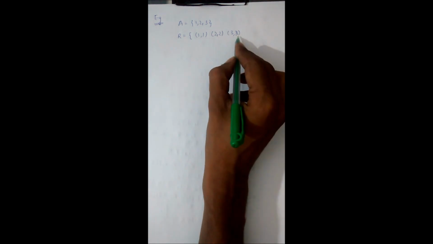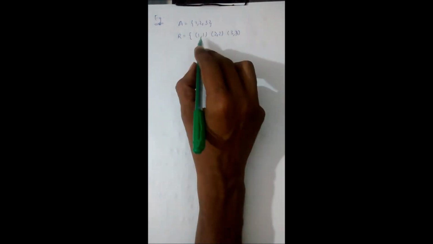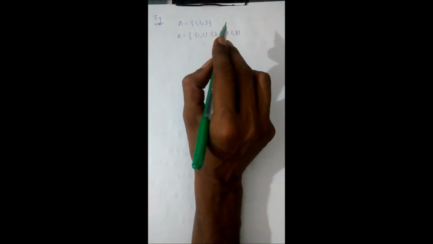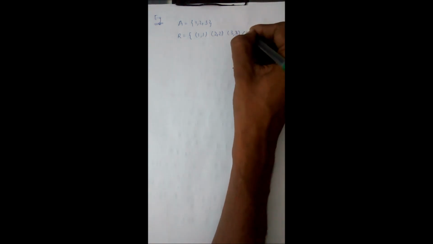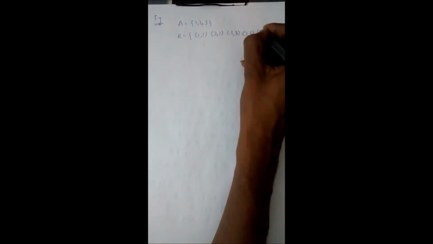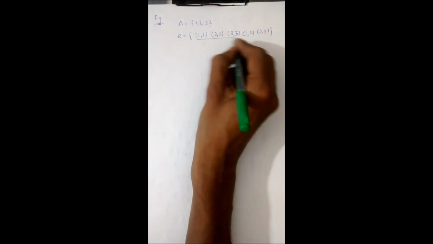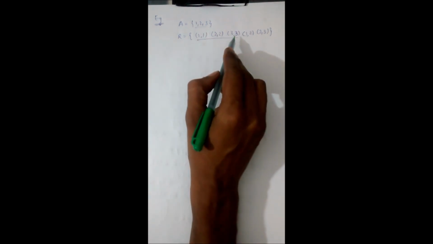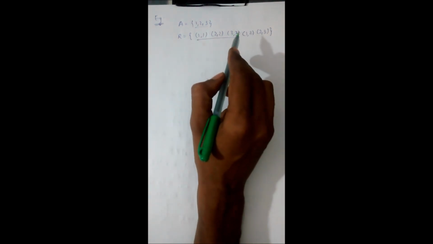Observe that this has already become reflexive, because the pairs (1,1), (2,2), (3,3) are already in my relation R. And in addition to this, I have (1,2) and (2,3). So this is my given relation R. What I have to show is that R is reflexive. Already we have discussed, because all three regular pairs corresponding to 1, 2, 3 are in R, this is reflexive. Okay.